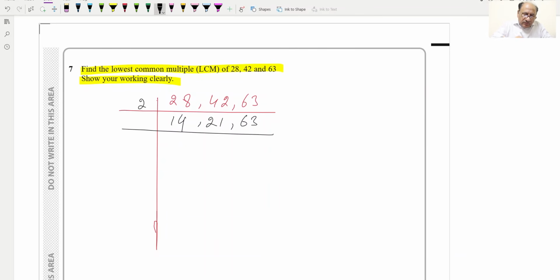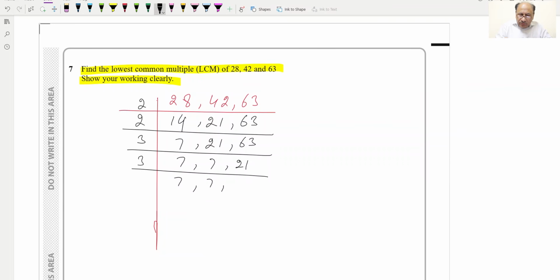Again by 2, so 7, 21 and 63. Then divide by 3, giving 7, 7, 21, then again by 3, so 7, 7 and 7, and then by 7, giving 1, 1, 1. So up to 1 we are going.